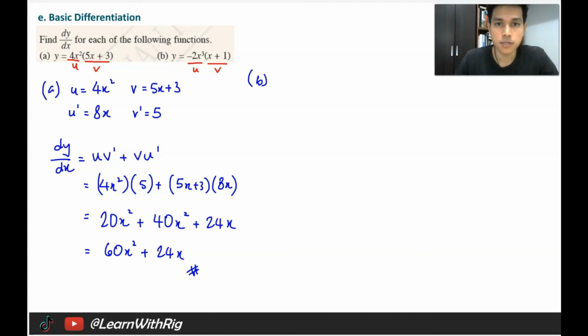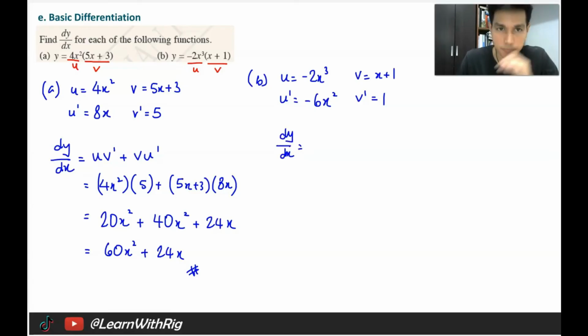In this case, your u value is negative 2x cubed, so u prime is equals to negative 6x squared. v is equals to x plus 1, so v prime is equals to 1. You differentiate, the x becomes 1, the 1 becomes 0. So use the formula dy/dx equals to, the product rule is uv prime plus vu prime.